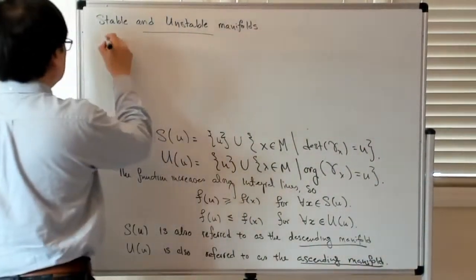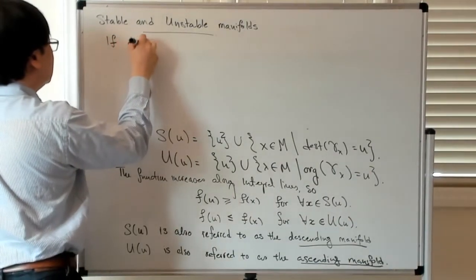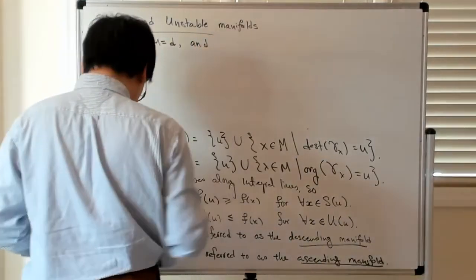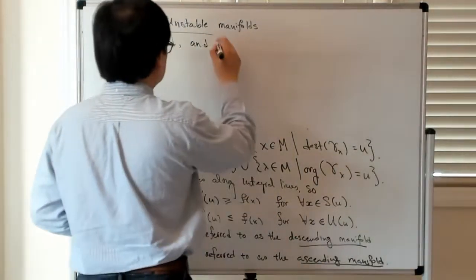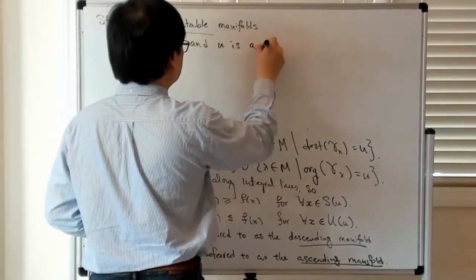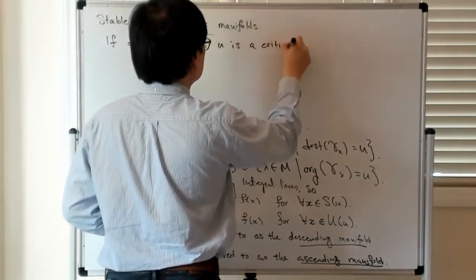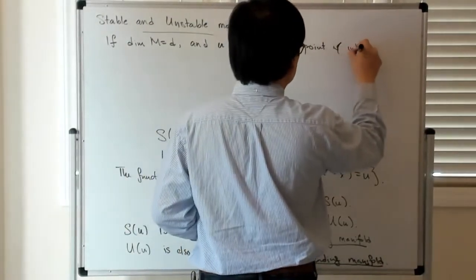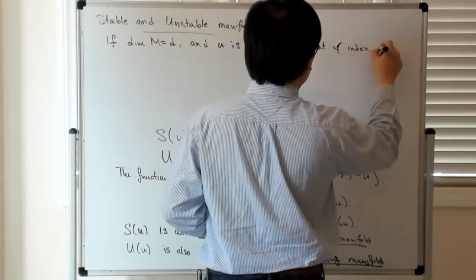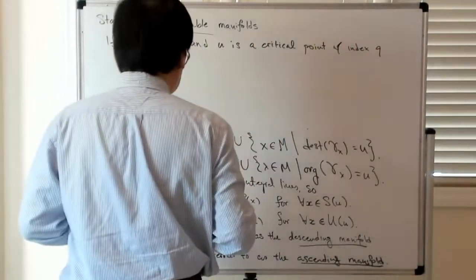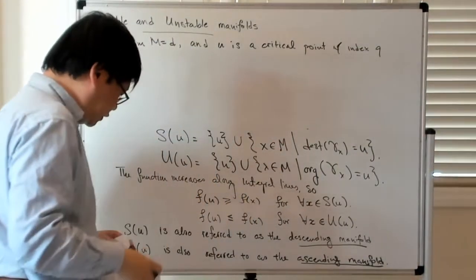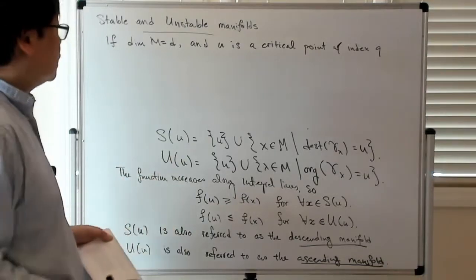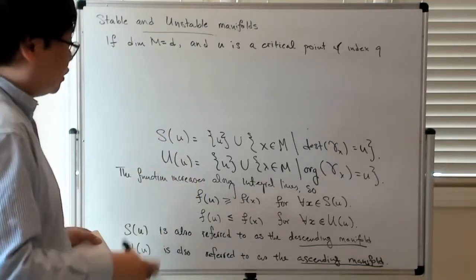So if the dimension of M is D and U is a critical point with index Q, right? If you recall, the index has to do with the number of essentially negative directions at that critical point.